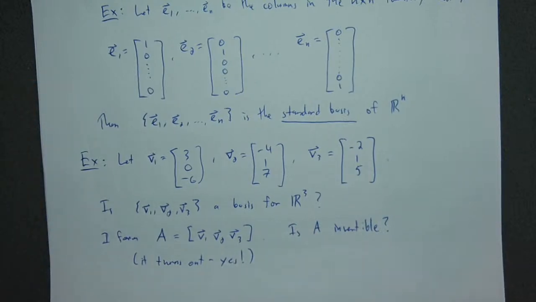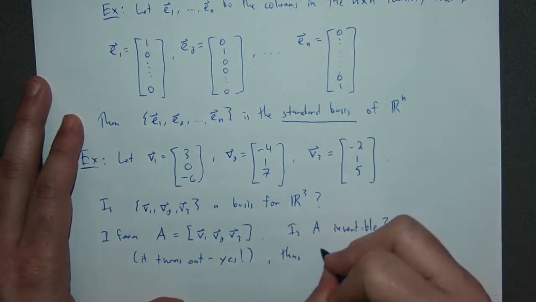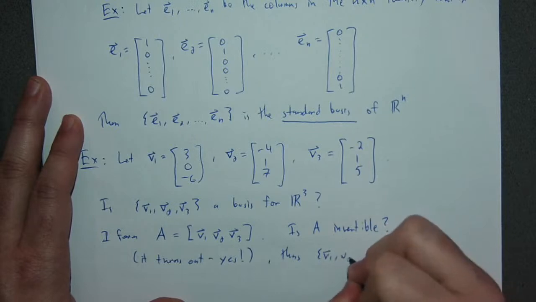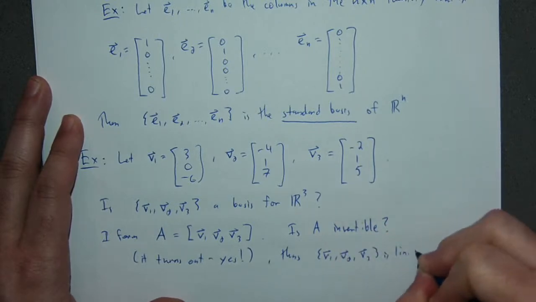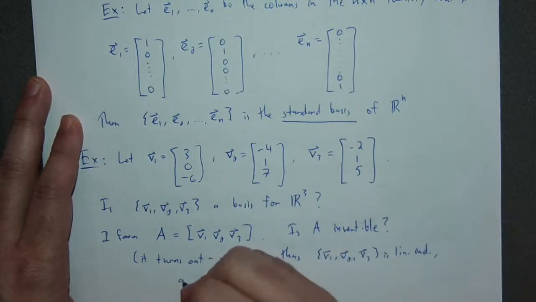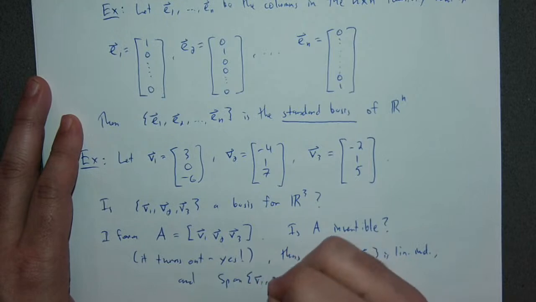Since A is invertible, they form a basis. Thus, the set is linearly independent, and the span of the three vectors is equal to R3.